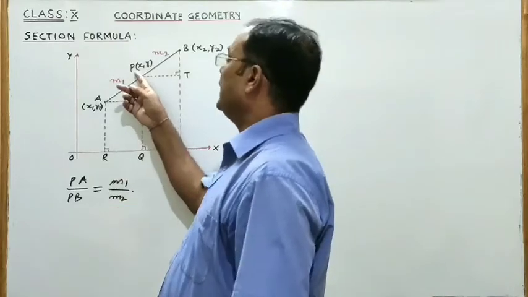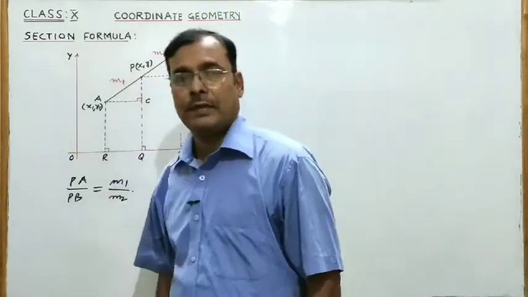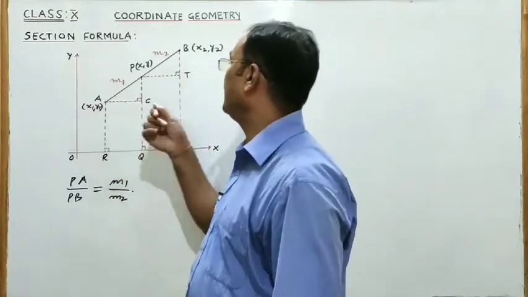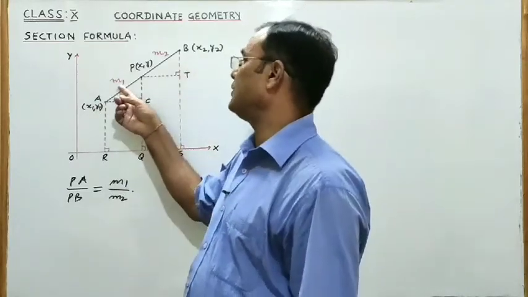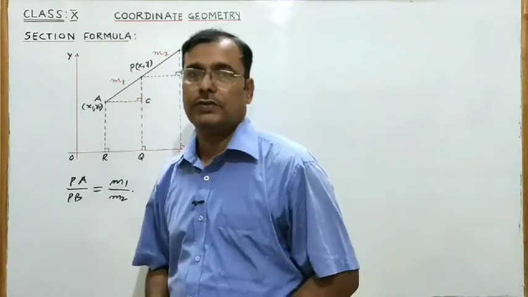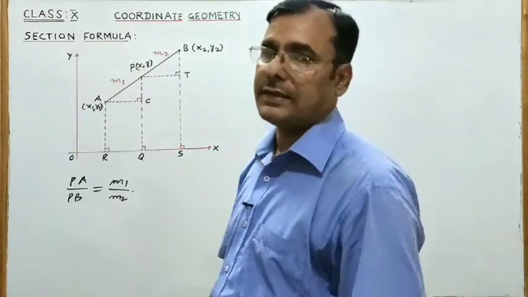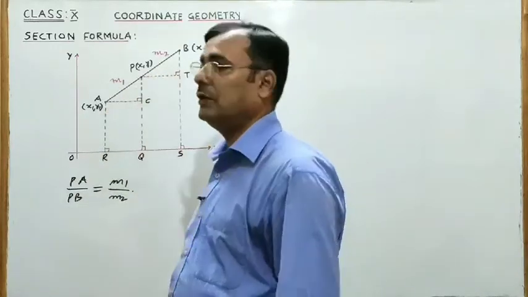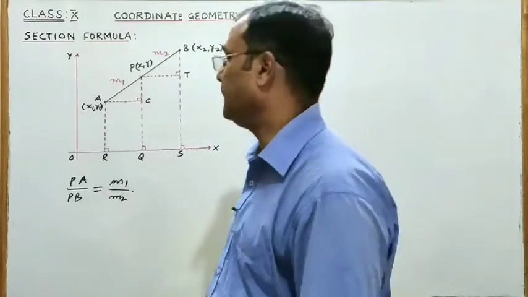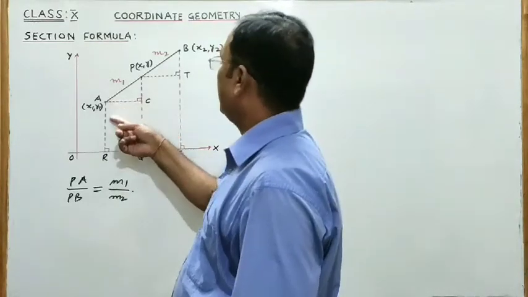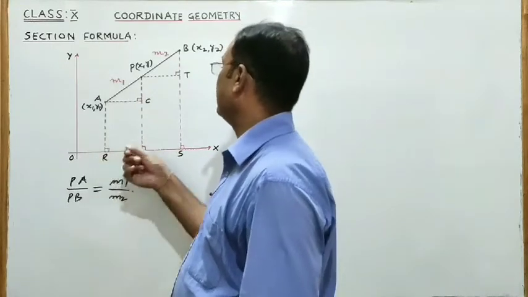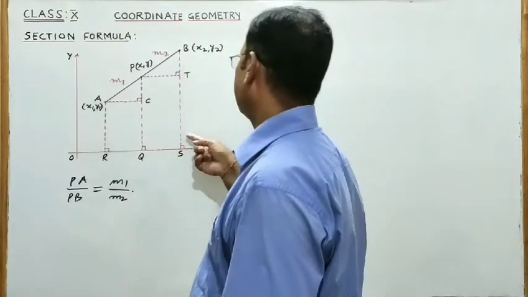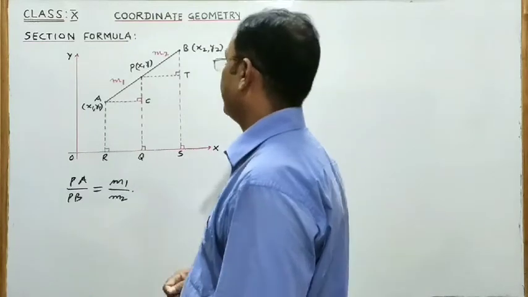We have to find the coordinates of this point P (x, y) in terms of the given coordinates (x1, y1), (x2, y2) and the given ratio m1 is to m2. So to find the values of x and y, which are coordinates of point P dividing line segment AB in the ratio of m1 is to m2 internally, AR is drawn perpendicular on the x-axis, PQ is drawn perpendicular on the x-axis and BS is also drawn perpendicular on the x-axis.